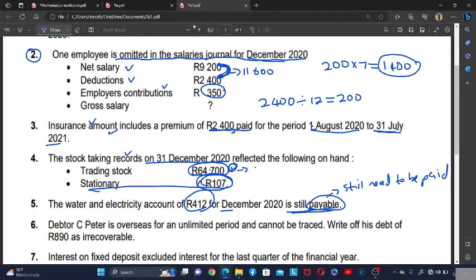Okay, number 6, debtor Peter is overseas for an unlimited period and cannot be traced. Write off his debt of 890 as irrecoverable. So what do we call this? We call this a bad debt.